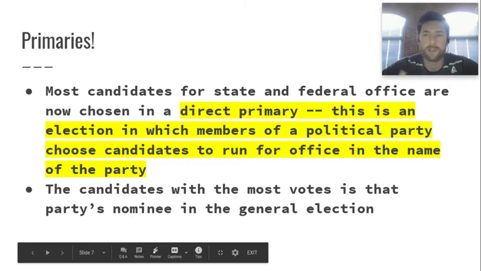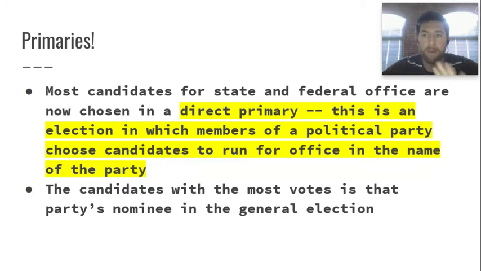This is kind of like when I was showing you guys a map of the primaries as they were going on before COVID, where it showed, based on the number of votes, which candidate was going to win. We focused mainly on the Democratic primaries just because Trump pretty much had it in the bag at that point. So we were showing states that were voting for Joe Biden and Bernie Sanders, and each state was a different color based on who won that state.